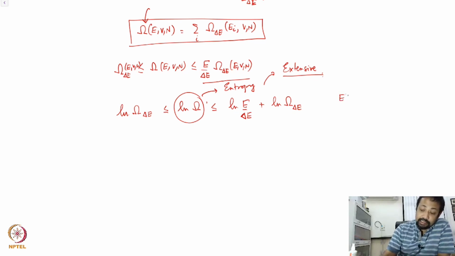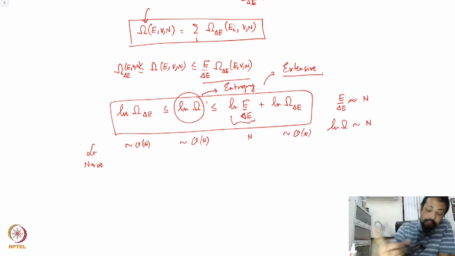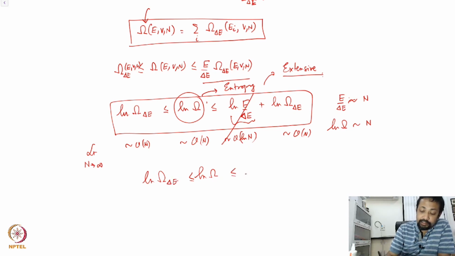In contrast, E is an extensive quantity, and therefore E over delta E would scale as N, whereas log of omega would scale as N. So if you now take the thermodynamic limit, N to infinity, a large number of particles, then you see in this inequality this term drops out of the computation, because this term is only of the order of ln N, whereas this term is N, this term is N. So this term drops out from this equation, and you have very nicely ln omega delta E is less than ln omega, less than ln omega delta E.